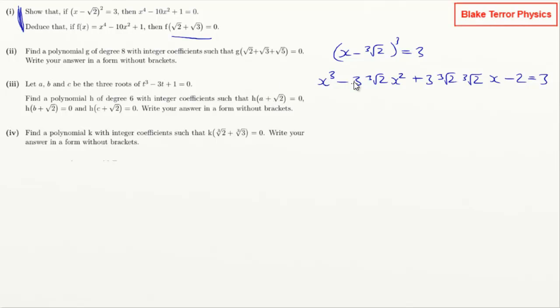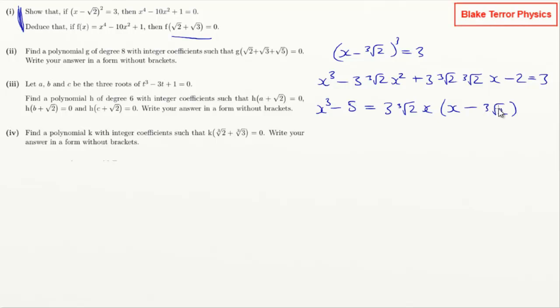I split the terms left and right to make them easier to square, in this case easier to cube probably. So I've got x cubed minus 5, so they're the terms that don't have any cube roots in, and then that will be 3 times the cube root of 2 times x, and then x minus the cube root of 2. Okay.